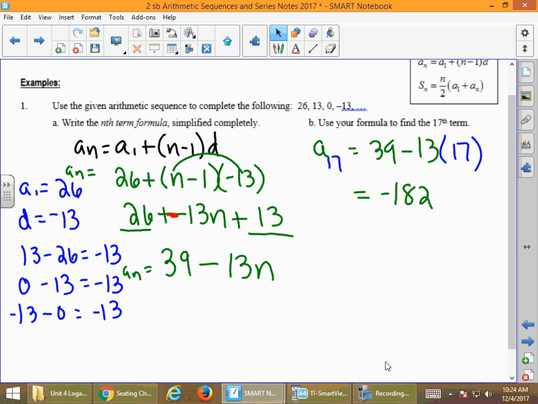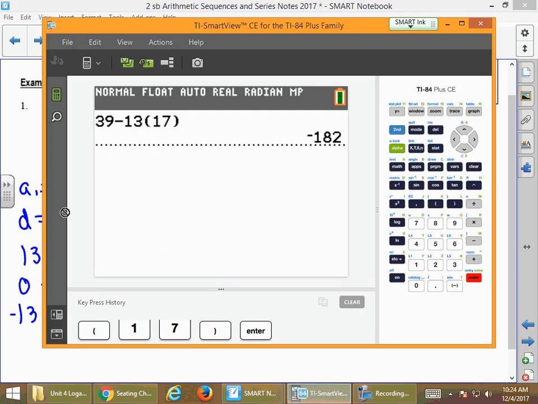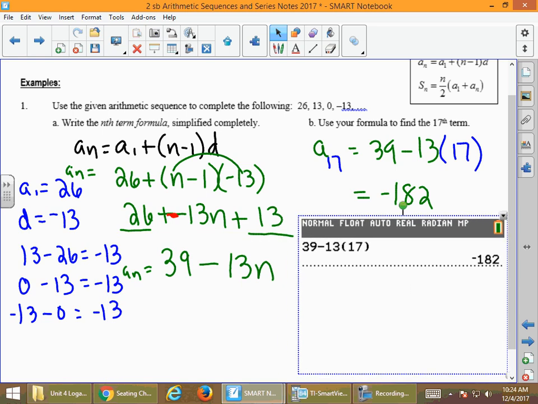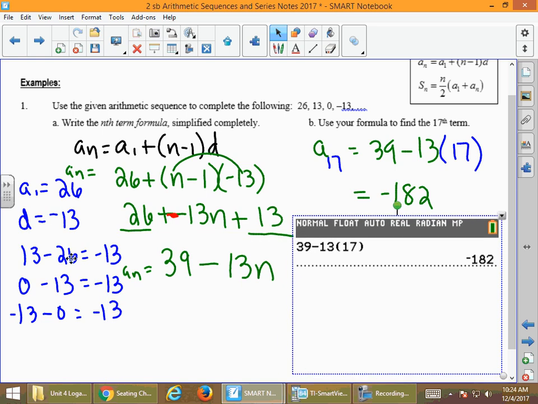That's our 17th term. We don't have to find the sum on this one. We just had to find that term. So if we kept going, negative 26, 13, 0, negative 13, negative 26, negative 39, and so forth, eventually we're going to get to negative 182.